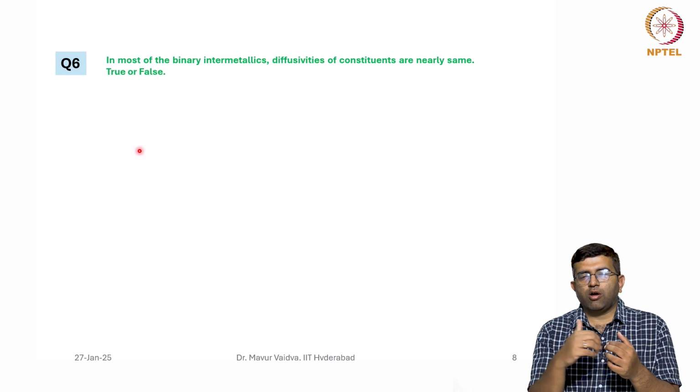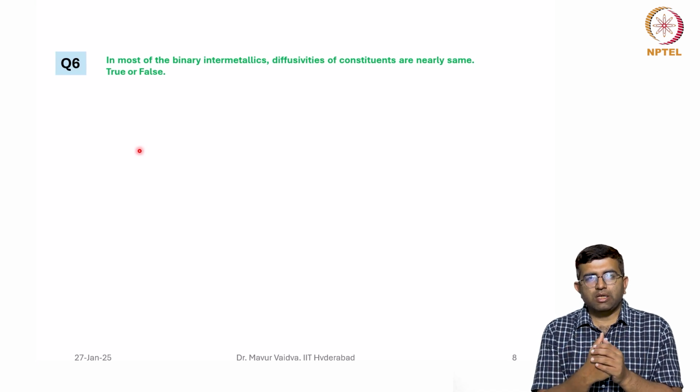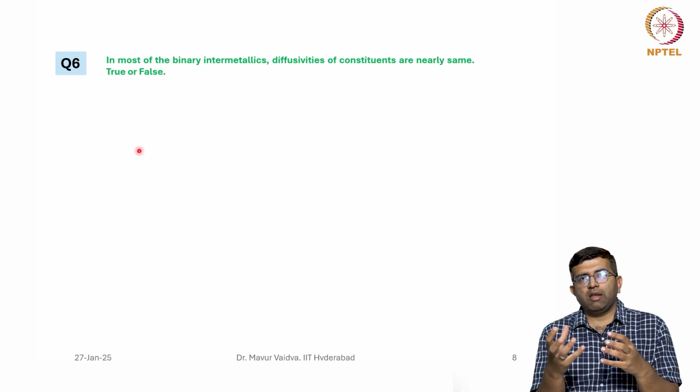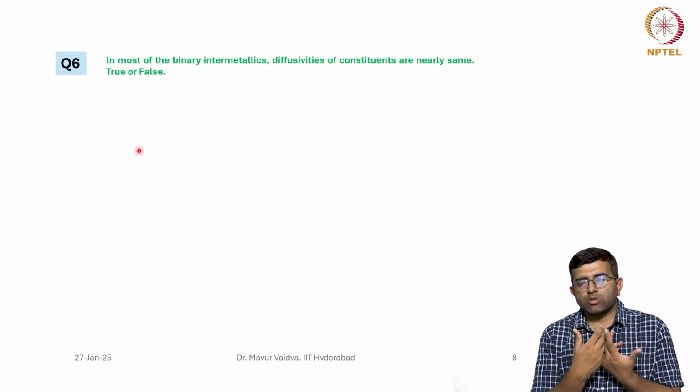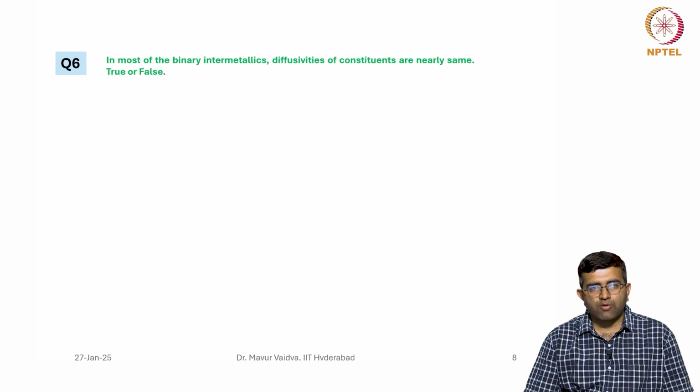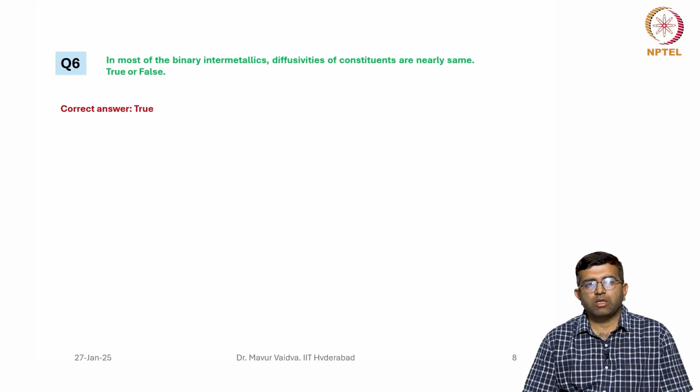To maintain the long range order, a sequence of jumps is involved, which involves both A and B, and therefore, you see that in most of the binary intermetallics, the diffusivities of the constituents are not very different, and therefore this statement is true.